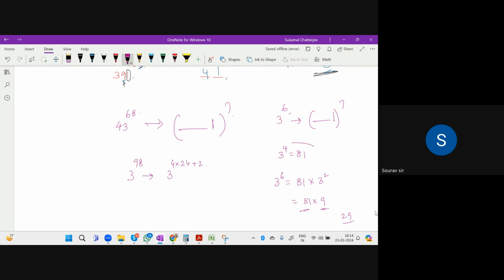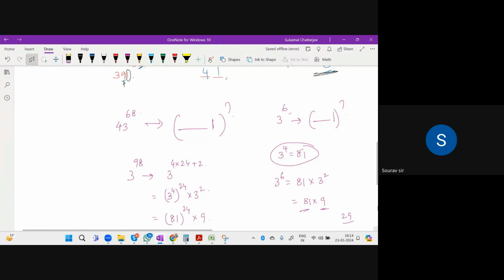See, I'm trying to use this. This is my target. So that means this becomes 3 to the power 4, whole to the power 24, into 3 to the power 2. So 3 to the power 4 means 81 to the power 24 into 9.